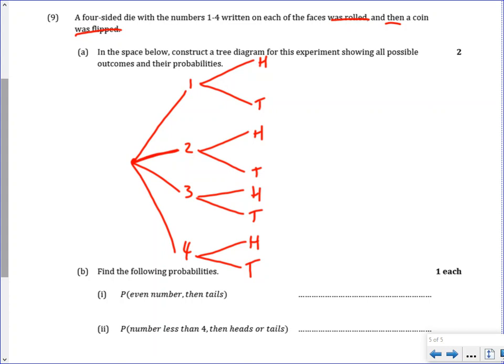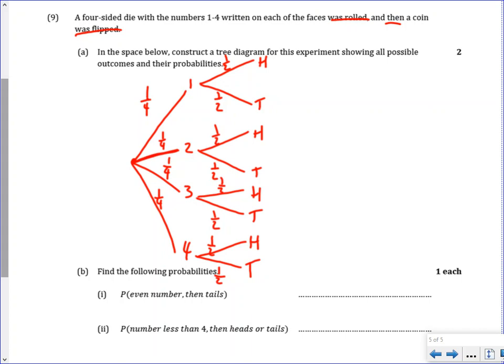So that's one half of the question. But then we also want to find their probabilities. The probabilities for each of these first branches are 1 over 4, 1 over 4, 1 over 4, 1 over 4. And then the probabilities of each of these is 1 over 2, 1 over 2, 1 over 2, 1 over 2, 1 over 2, 1 over 2, 1 over 2, and 1 over 2. What we should also do is list out the sample space of this experiment.